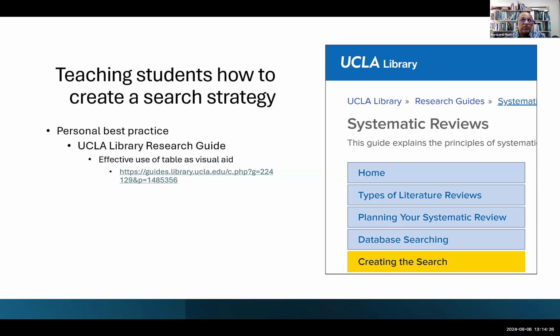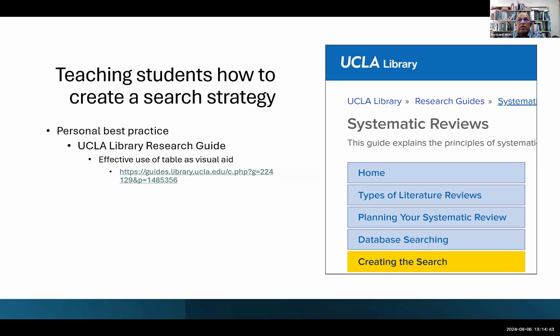But again, I'm always facing the same thing. These are terminologies that we librarians know and understand, but people who don't have a library background are not used to searching databases.